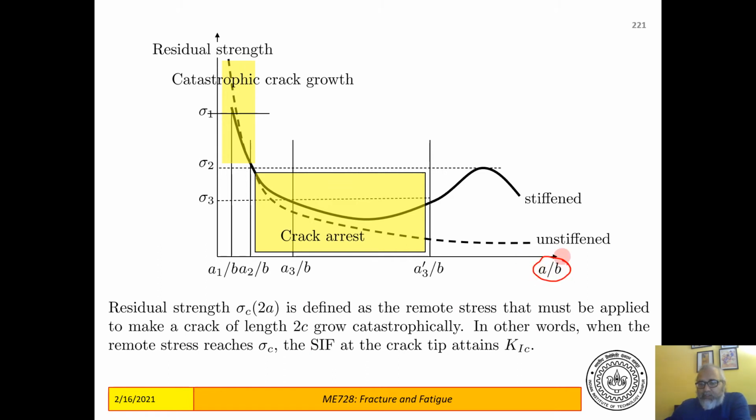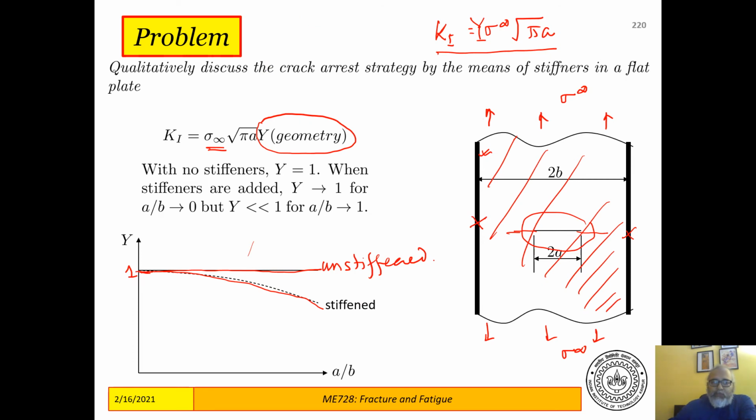a by b versus what is known as the residual strength. The residual strength is the value of sigma infinity that you need in order to reach K1C for a crack of length a. So we are not using a, we are using a by b, the crack length with respect to the stiffener spacing.